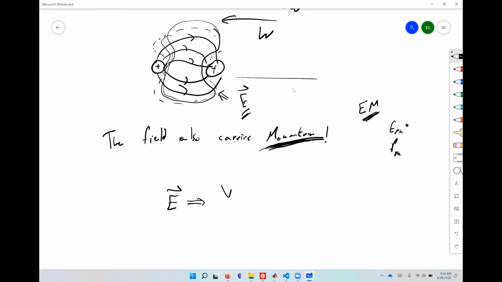So even the units for the electric field are volt per meter, right? So this is energy per unit charge. You get the energy back by multiplying by meter, integrating over a distance, and then multiplying by charge.